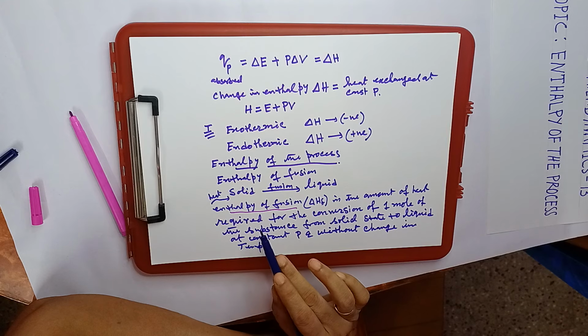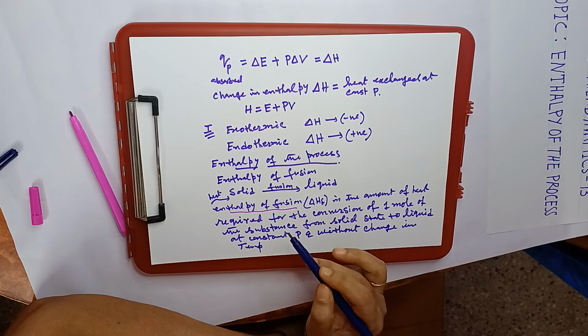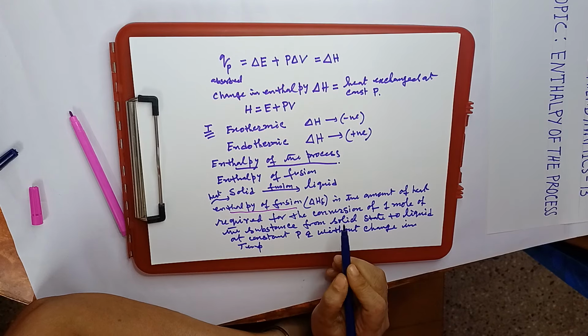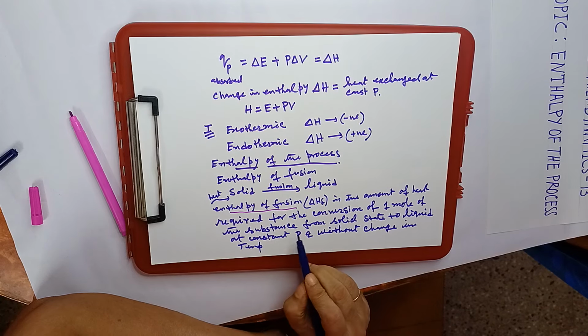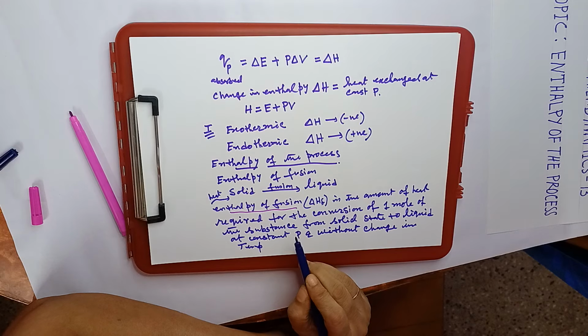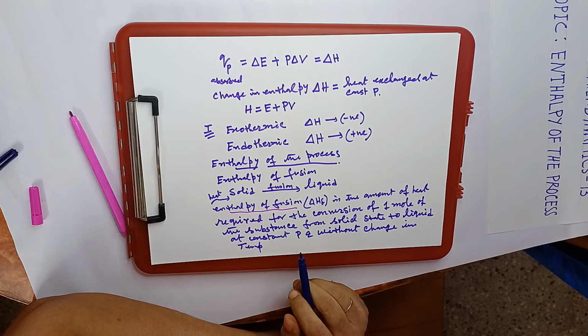So constant temperature, and it occurs in an open vessel, under constant atmospheric pressure. So this is the definition of enthalpy of fusion. Or you can write it as: enthalpy of fusion is the change in enthalpy when 1 mole of the solid is converted to liquid at constant pressure and constant temperature.